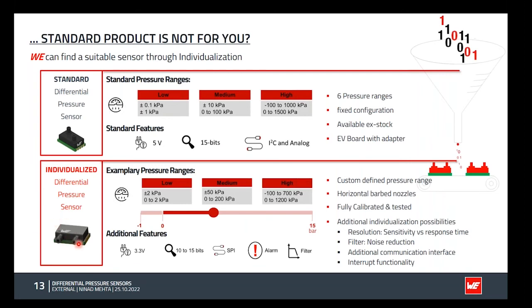For example, you might have horizontal nozzles instead of straight nozzles, so that it's easier to connect the tubes to the sensors, or even a different pressure measurement range based on your application, or the operating voltage can be reduced to 3.3 volt for battery operated devices, or even have a lower resolution, so that you can have a faster response time, or an additional SPI digital interface, or even an inbuilt alarm, so that whenever the pressure is high or below a certain threshold, the sensor alerts the microcontroller. So this could be a very good example for power saving applications.